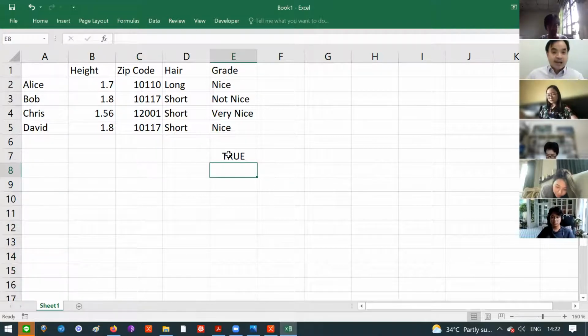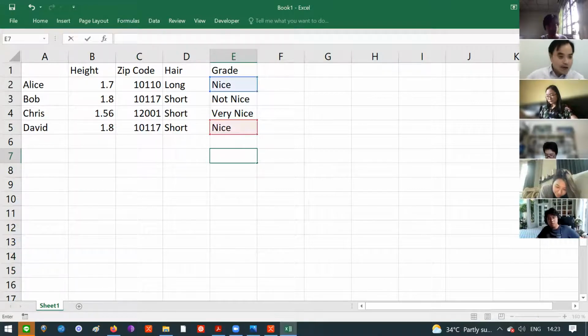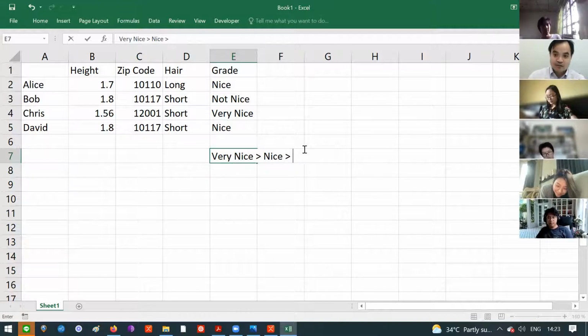Now, what else can you do? Well, in theory, you can compare, because you prefer nice, very nice is better than nice, and it's better than so-so, and it's better than not nice. Can you say that? Right? So this is what is called ordinal scale.